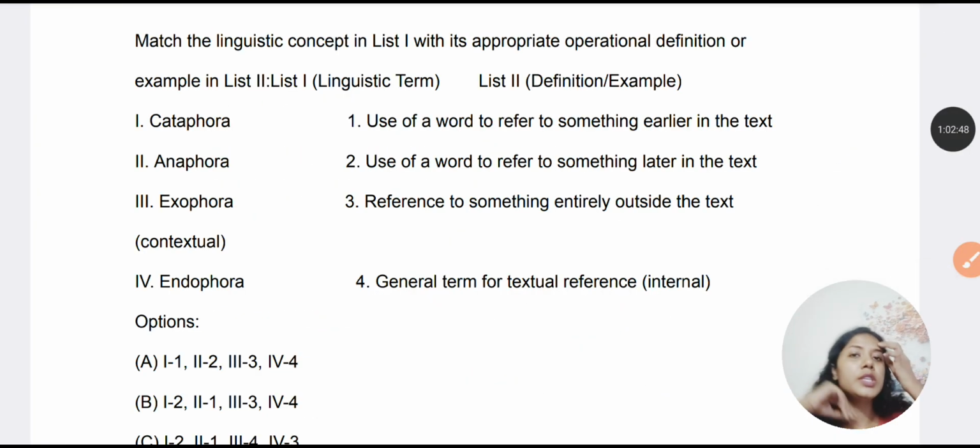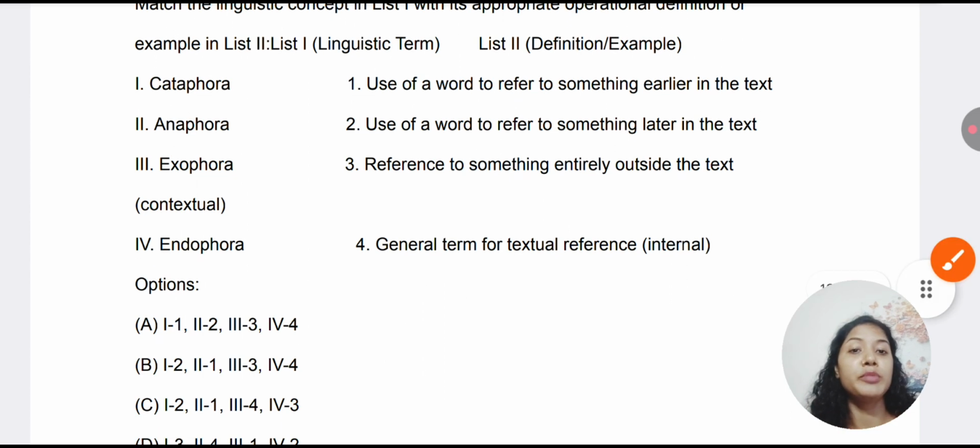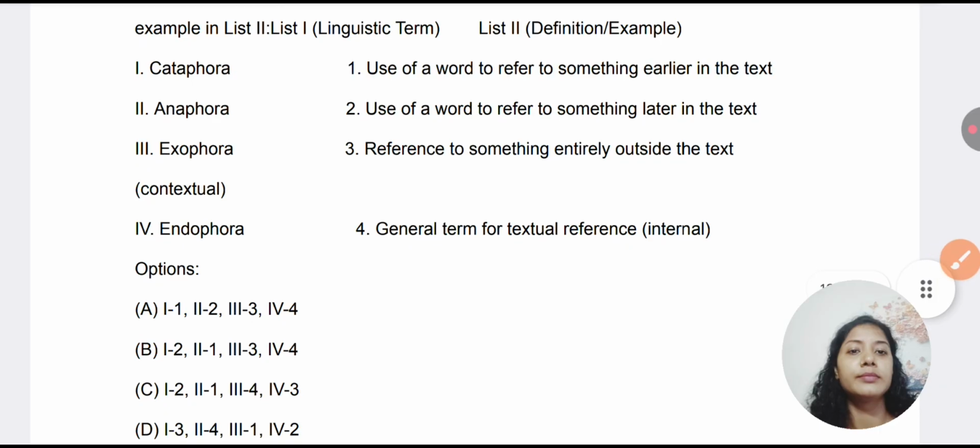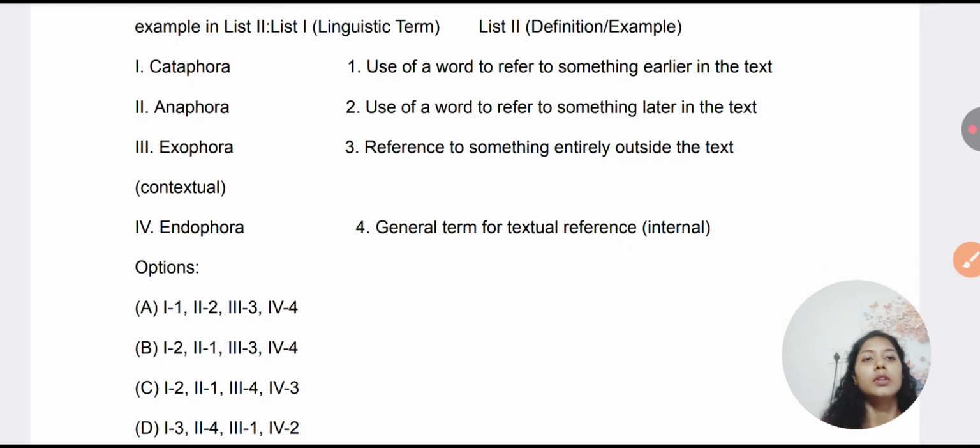Now see this question, you have to match cataphora, anaphora, exophora, and endophora. इसमें ऑप्शन भी है. Cataphora and anaphora are in contrast to each other. Exophora is out of the text, and endophora is internal.